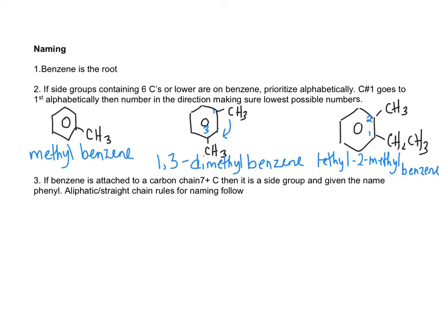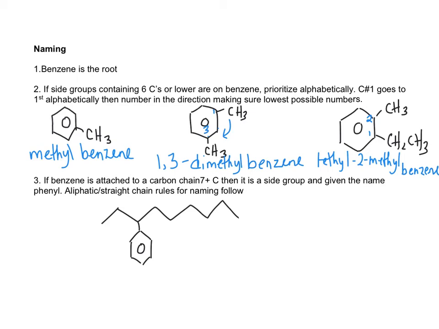If benzene is attached to a carbon chain that contains 7 or more carbons, then it's considered a side group, just like it was for the cyclic hydrocarbons. But this time it's given a name, phenyl. So the same rules apply as they were before. Okay, so here's our benzene group. And the carbon chain is 1, 2, 3, 4, 5, 6, 7, 8, 9.